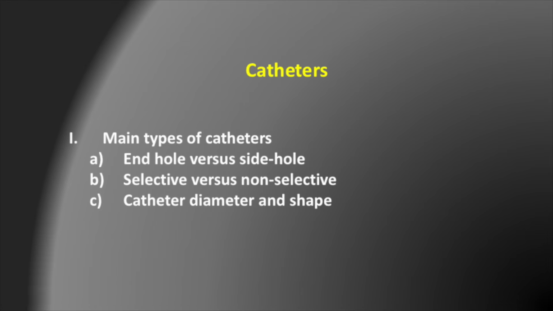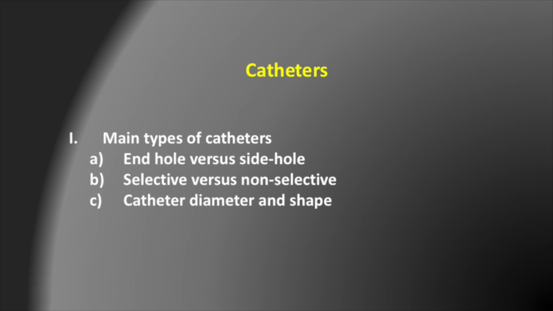Non-selective catheters are typically placed into large vascular structures such as the aorta or the IVC, and then contrast can be injected through them to opacify those vessels for a diagnostic aortogram or venogram. Selective catheters are typically designed to enter certain vessels, such as the renal arteries or the vertebral arteries.